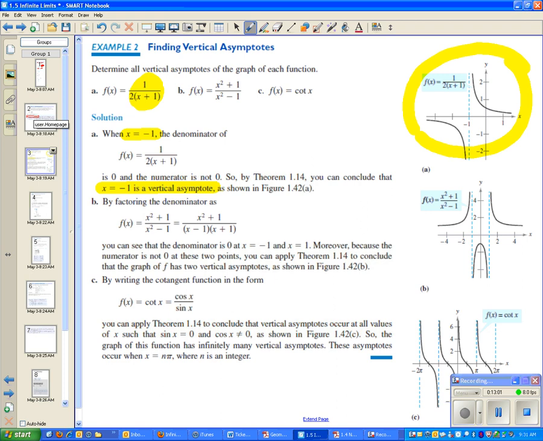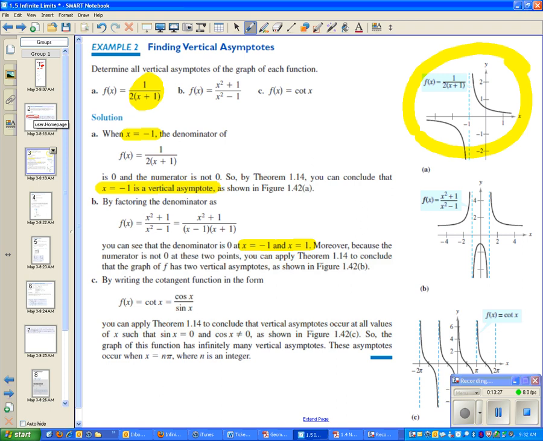On B, we try to factor. So we're doing everything we can so that we can remove any removable discontinuities. But nothing divides out. So we factor the denominator, the numerator's not factorable, nothing divides out. So in this case, we will get 2 vertical asymptotes.